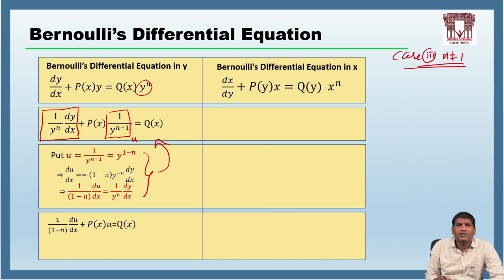Coming to the linear differential equations, the derivative coefficient is always unity, so we have to multiply by 1 minus n on both sides. If we multiply by 1 minus n on both sides, we get the linear differential equation in u: du by dx plus 1 minus n into p of x, then 1 minus n into q of x.